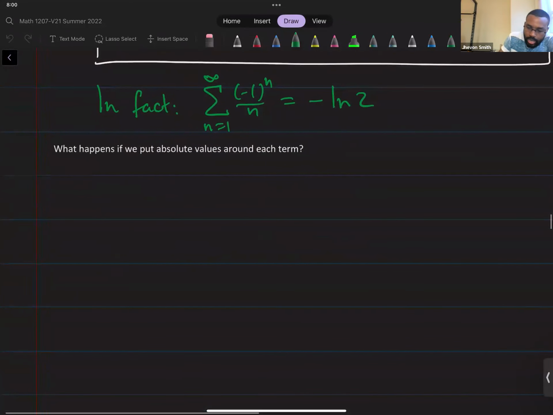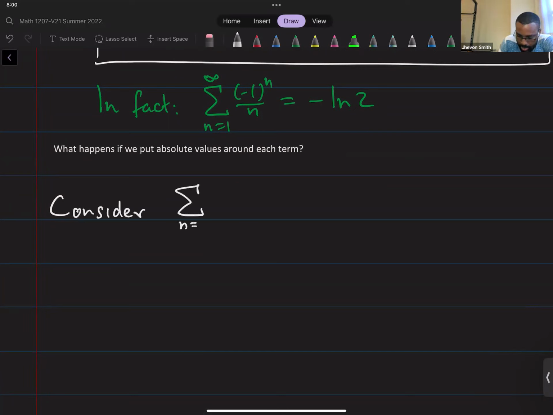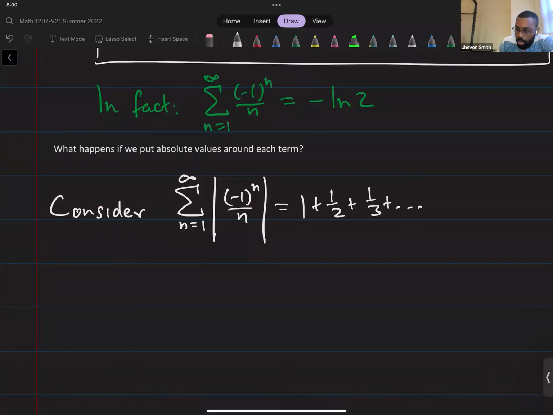And notice that if you were to put absolute values around each term, so I go back to that series, (-1)^n over n, and I put absolute values around it, then that just means I now have a bunch of pluses everywhere. That is the same as the harmonic series.